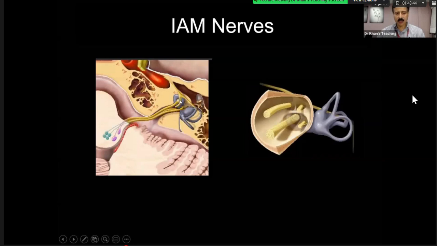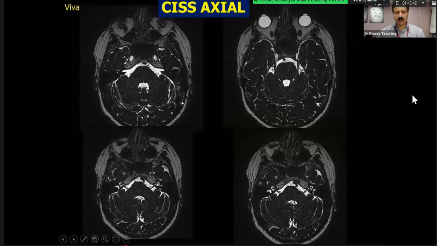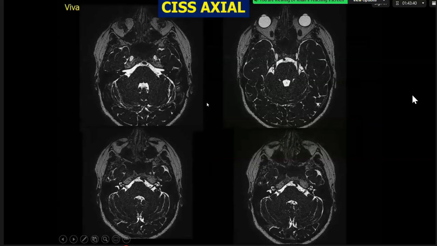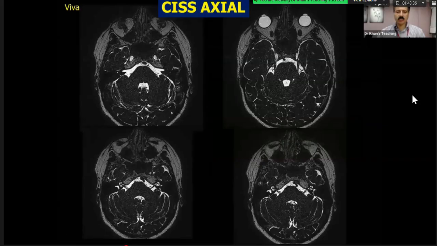Having said that, the CIS sequence is the key sequence to see the cranial nerves in the basal cisterns. CIS sequence is a physics term, constructive interference in steady state. It's a Siemens term, because we use Siemens. Other manufacturers have got their own names for this sequence.